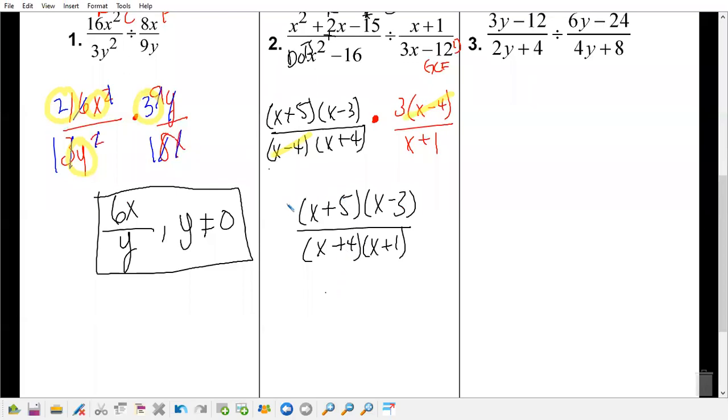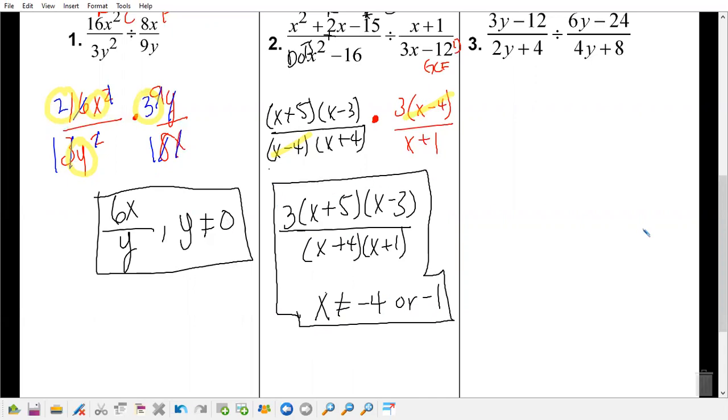Oh, I left my 3 out. Thank you. And 3. So that leaves us with x cannot equal what? Or negative 1.